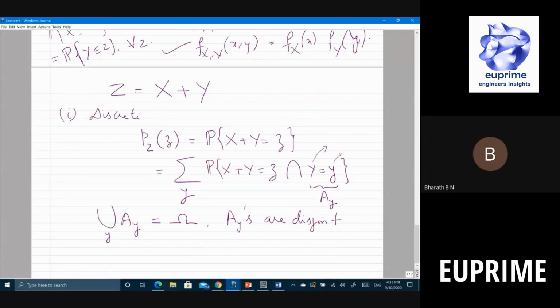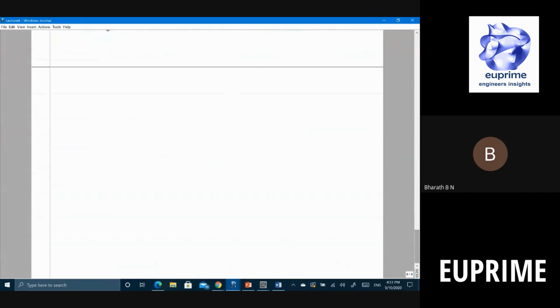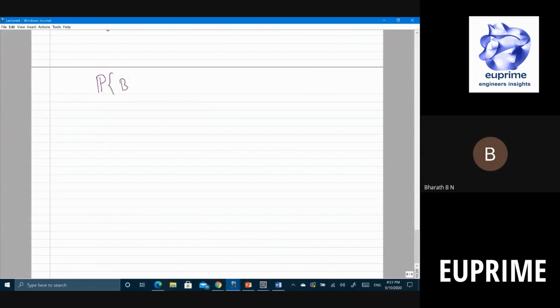So what I am doing is taking this and summing it over all of these. Let me prove this. For example, there is an event B. I can write this as B intersection omega. Do you agree? Because B is contained in omega, so B intersection omega is B itself.